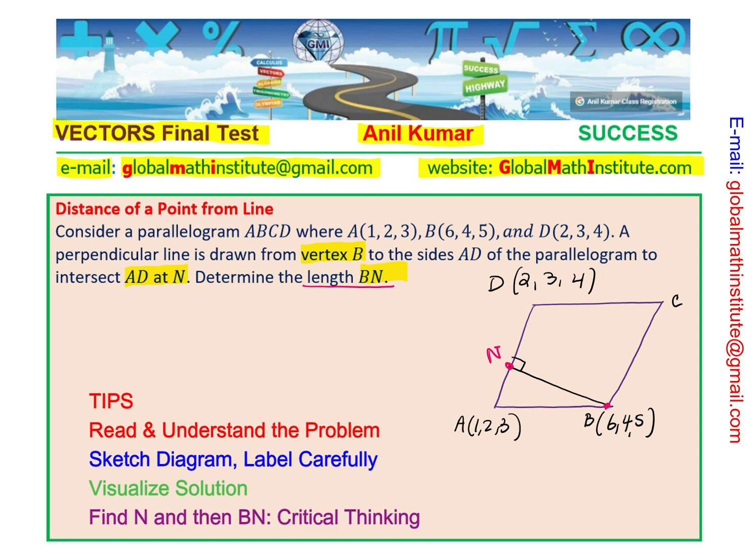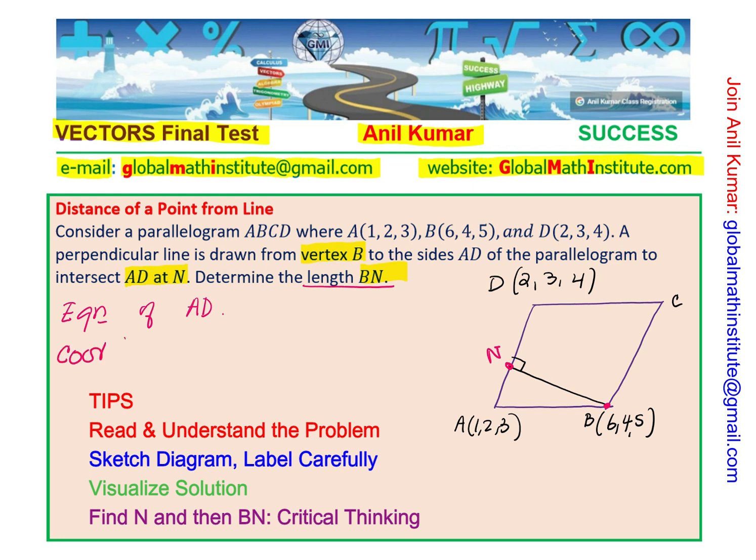Now, how do I find this distance from B to N? The first step is that we should know the equation of the line AD, right? Then we should know the coordinates of point N, correct? And then we can easily find the distance using the distance formula.